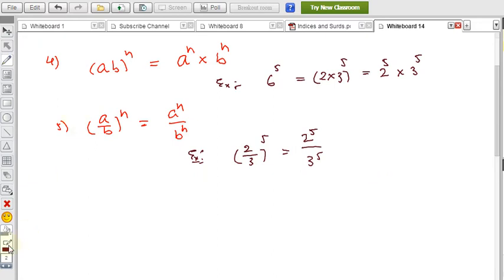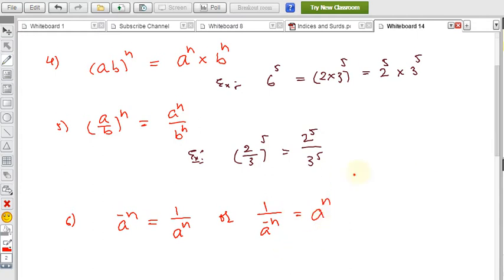Next, a^(-n). If the power is negative, then to make it a positive power, you can move it to the denominator. So a^(-n) is equal to 1/a^n, or 1/a^(-n) is equal to a^(+n).